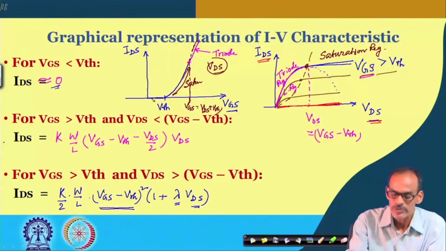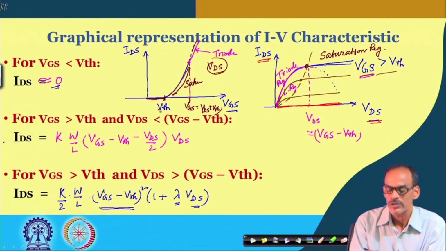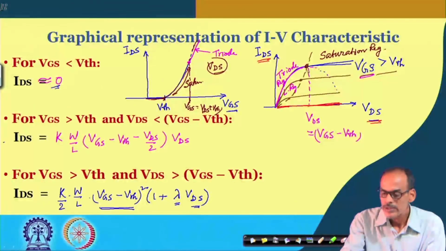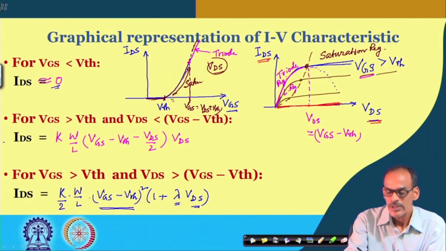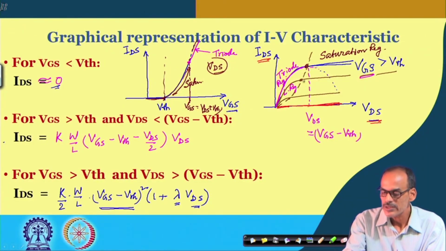Normally these changes we can hardly see. So, in most of the textbooks it says that this is a quadratic equation. Note that till this point the current is 0, and only beyond this the current is flowing. The boundary between this triode and saturation region is nothing but the Vgs minus Vth curve.